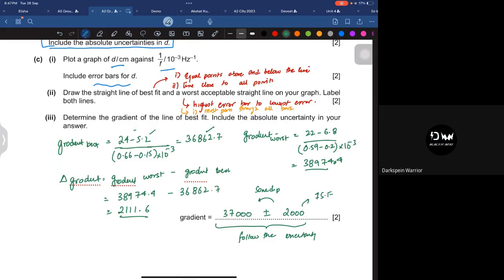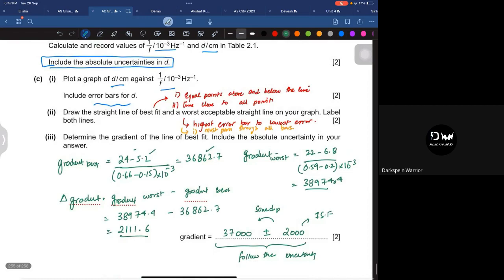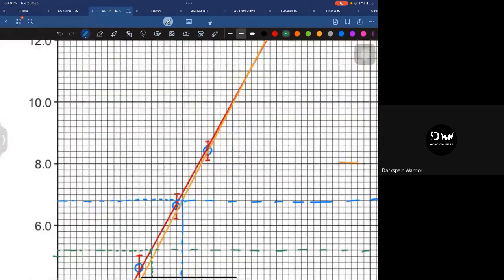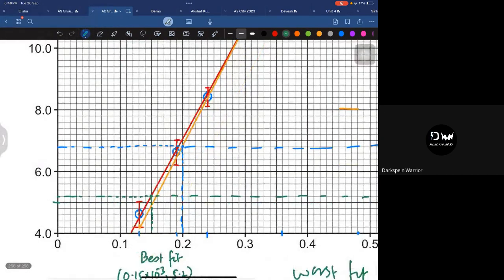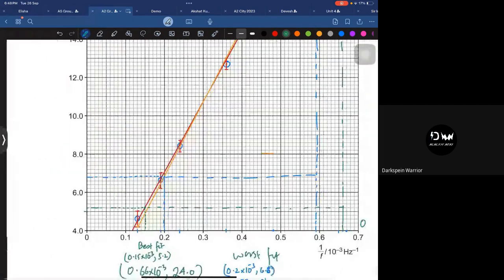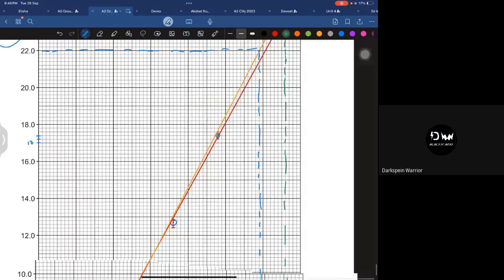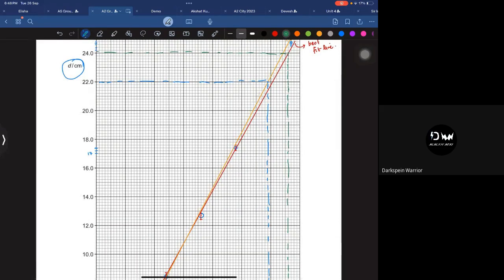Good. Now, yes. I don't understand the difference between worst fit and best fit. What is the difference between worst fit and best fit? Yes, sir. Zainab, best fit means if you look at the line, the red line, right? It's basically crossing the first 3 points, and also crosses the fifth point. But if you see, this point is above the line, this is below the line.